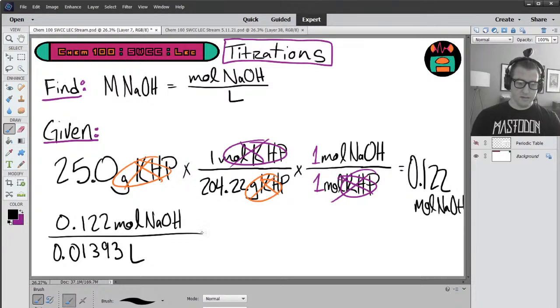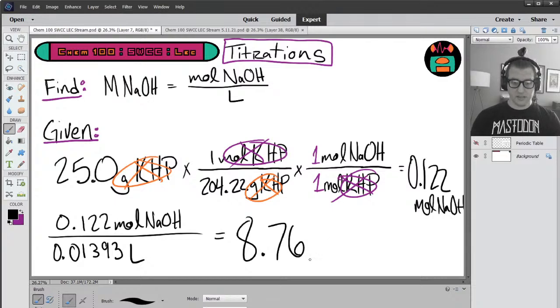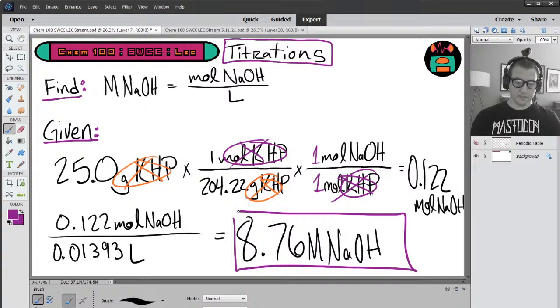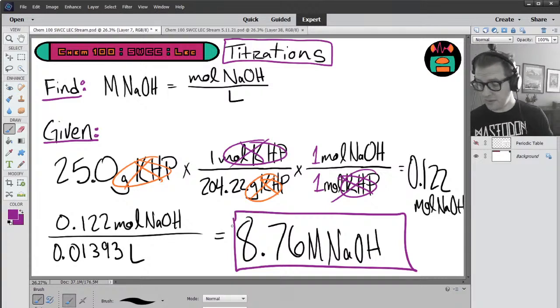Punching it in, we get a very large molarity, 8.76, rounding to 3 sig figs, would be the concentration of sodium hydroxide in moles.